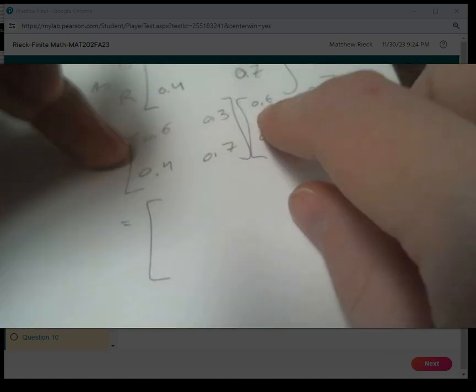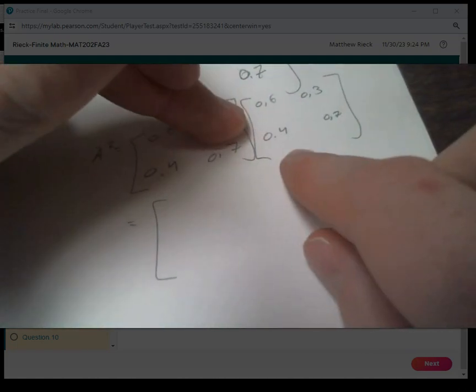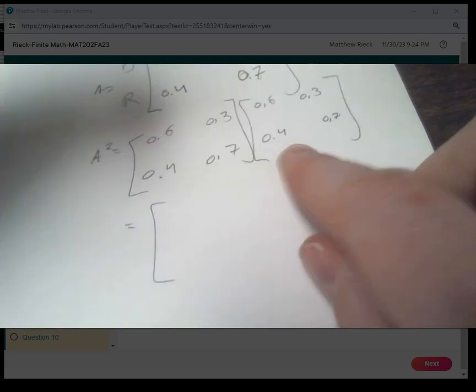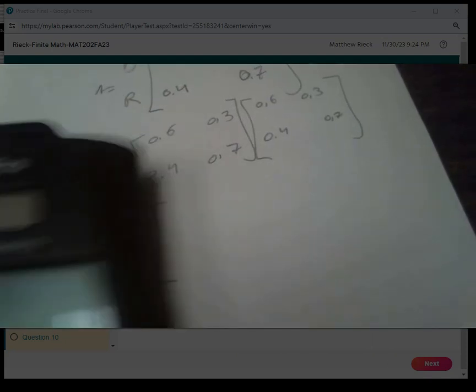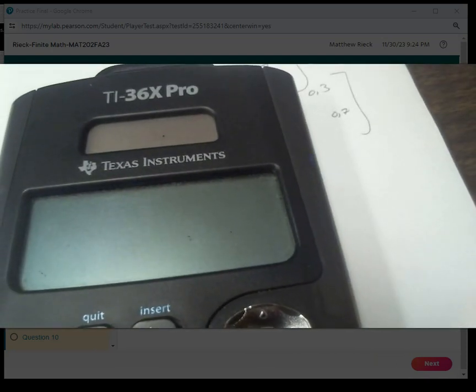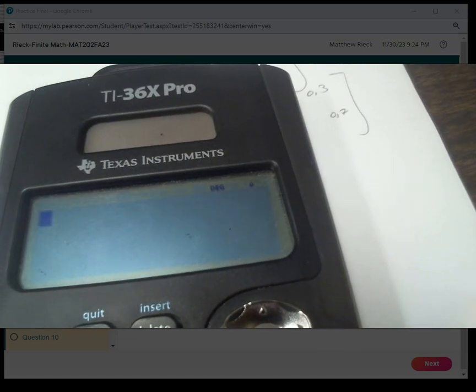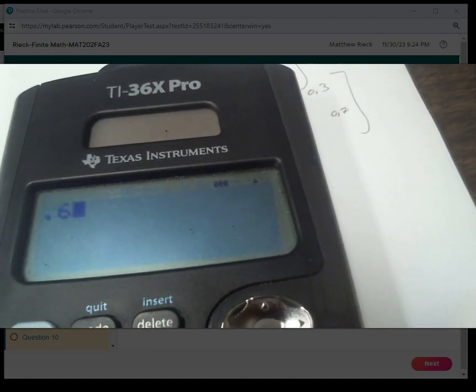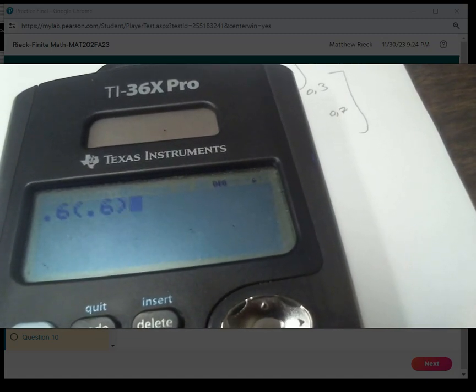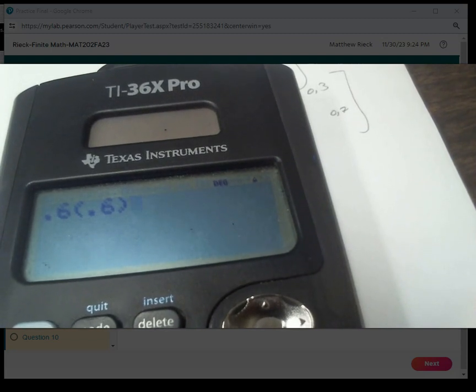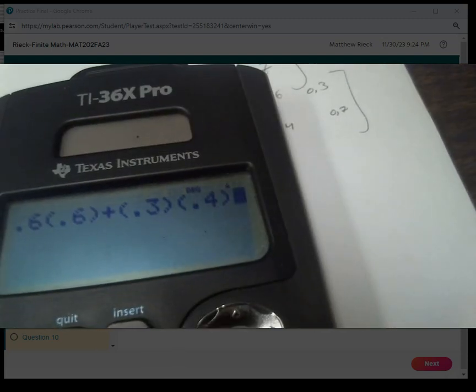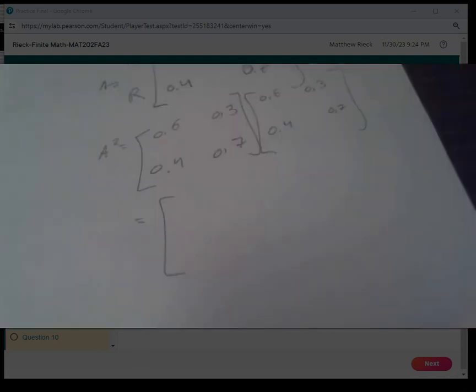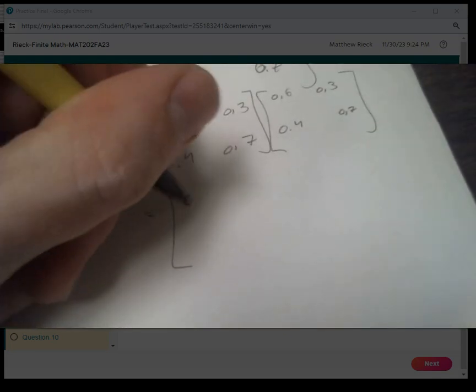So we're going to have 0.6 times 0.6 plus 0.3 times 0.4, so you have 0.48 for the first one here.